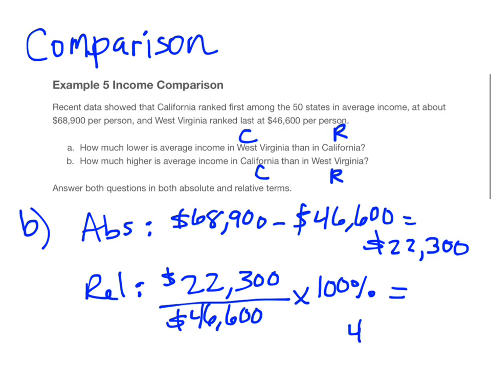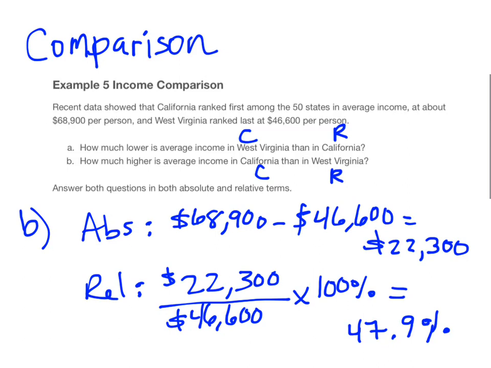So now we're getting 47.9%. So we can say that California's income is either an absolute 22,300 higher than West Virginia's, or we can say that it's 47.9% higher than West Virginia.